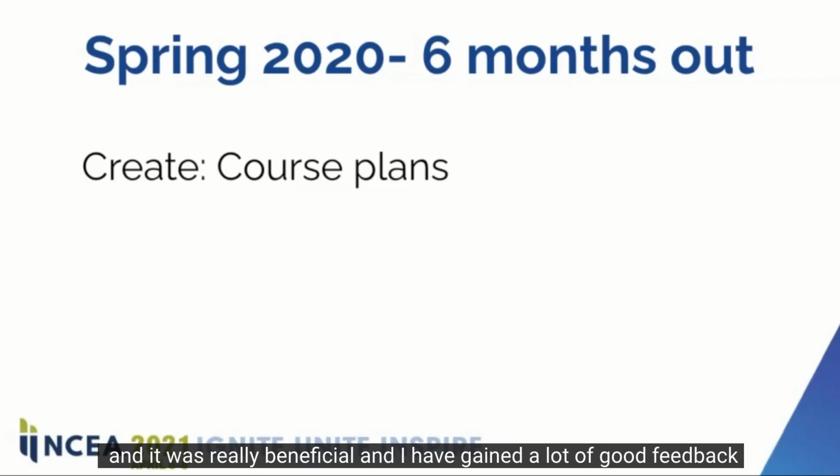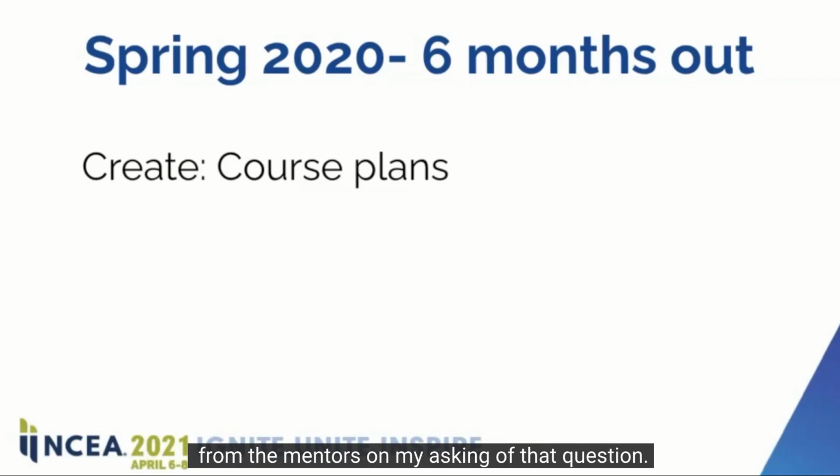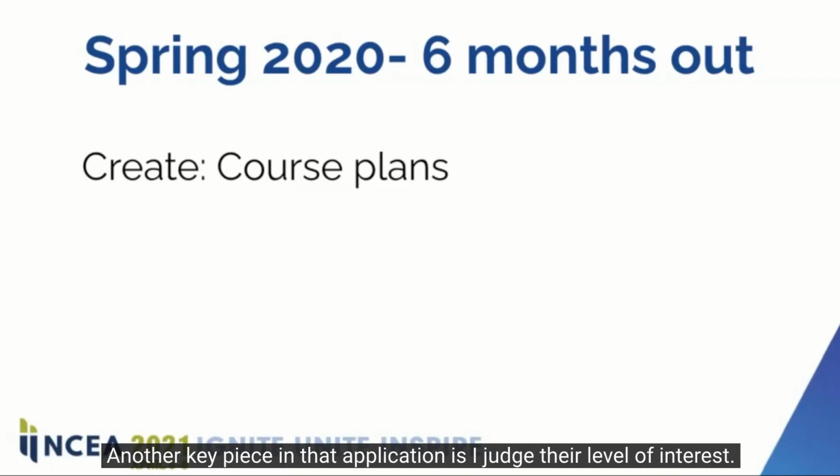And it was really beneficial, and I've gained a lot of good feedback from the mentors on my asking of that question. I had them rank the core classes, so theology, math, English, and science in their preference, and then list different electives that they love or that they hate. And I did ask for some specific feedback on if there were teachers that they just really couldn't see themselves being able to support to the ability that they would like to.